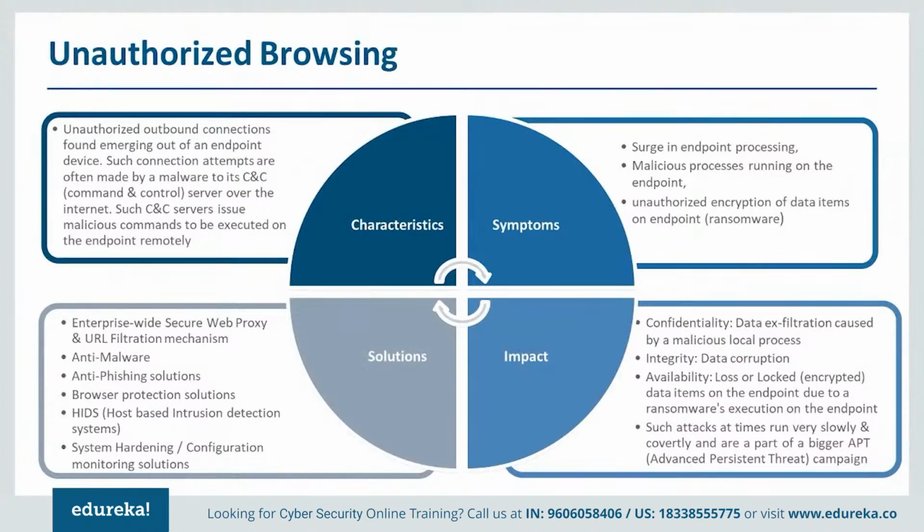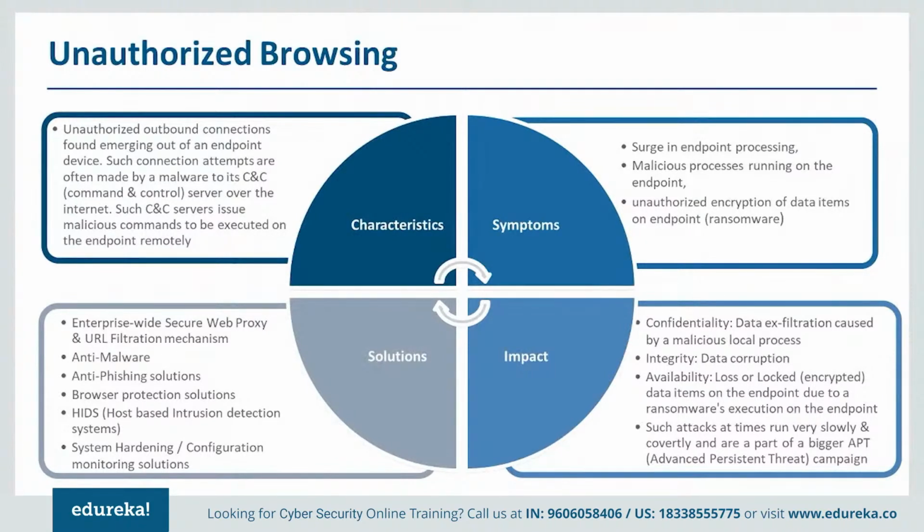Some malicious processes will be running in the computer background. You can check in the system tray to make sure that none of the untrusted applications are running. Also, one more example is ransomware: any unintended or unauthorized encryption happening on your computer. These are some of the common symptoms of unauthorized browsing.